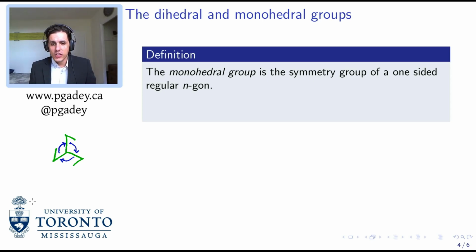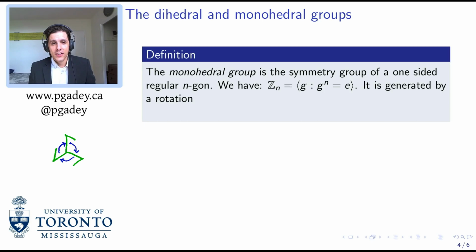We use the notation Zn, and we've got the following presentation for that group. Another way of calling a monohedral group is the cyclic group with n elements. It's generated by a rotation about angle 2 pi by n about the center of the n-gon.